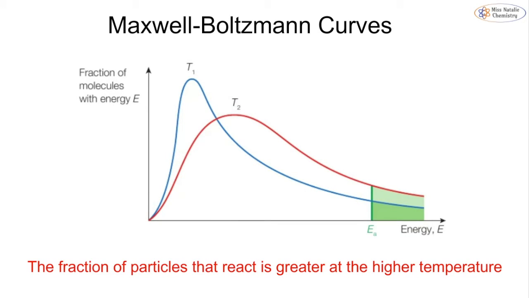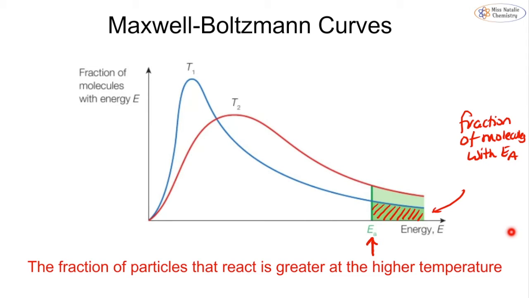So if we say the activation energy is this particular energy value, what you can see with the blue curve is only the ones that I'm highlighting now, only that fraction of molecules is going to have the required activation energy. So this is the fraction of molecules with the activation energy.